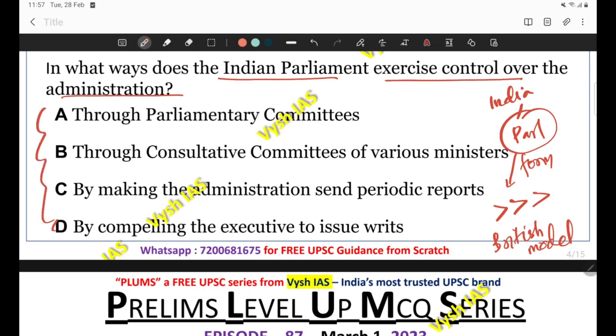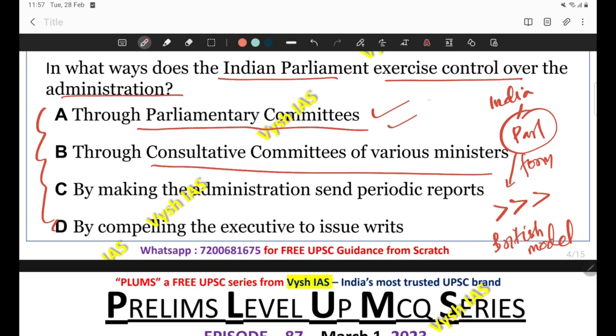Read the options. A, through parliamentary committees, this can be an answer, there is a fair chance. Then B, through consultative committees of various ministers. Then C, making the administration send periodic reports by compelling the executive to issue writs. So these are the four options, and out of this you have to go for the better option.